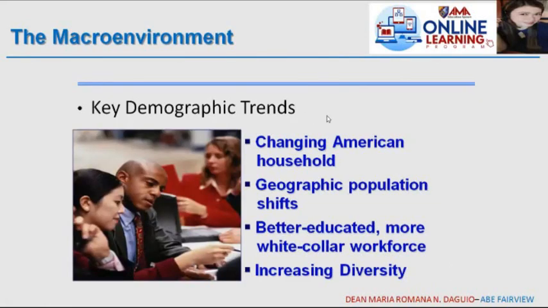Okay, demographic trends, changing American household. Then tayo din dito, changing din naman ang household natin, class. Ano ibig sabihin? Yung mga needs and wants na mga household, pamamahay, class, no? Paiba-iba na. Okay, so it all depends, class, on the income. Sabi nga sa economics, no? The more income you have, the more needs and wants you also have. Okay? So unlimited ang needs and wants, class, ng tao, no?